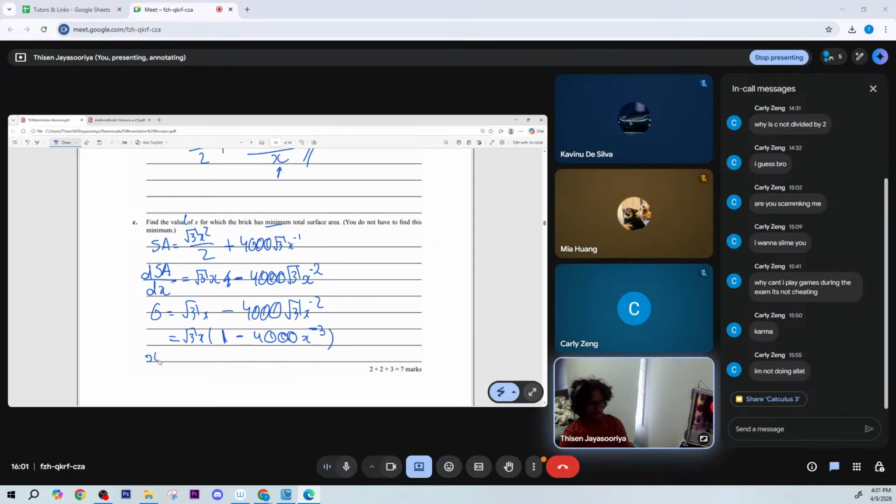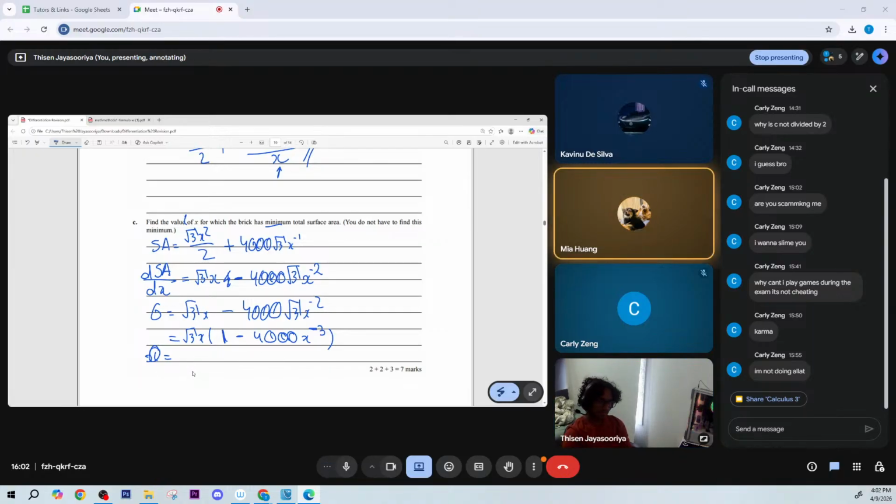So then, what is 0 equal to then? Root 3x times 1 minus 4,000 x to the negative 3.